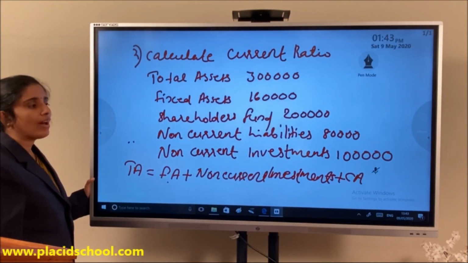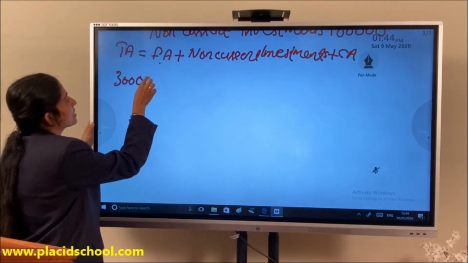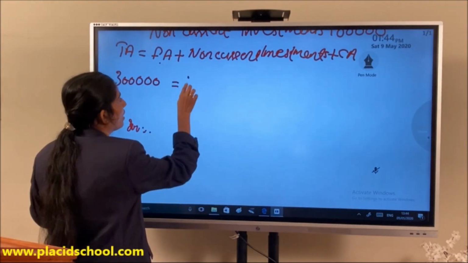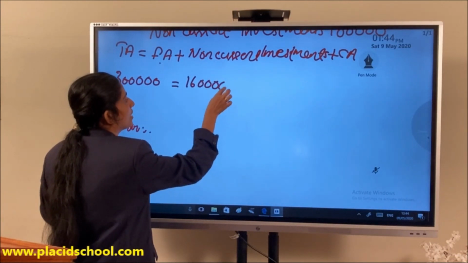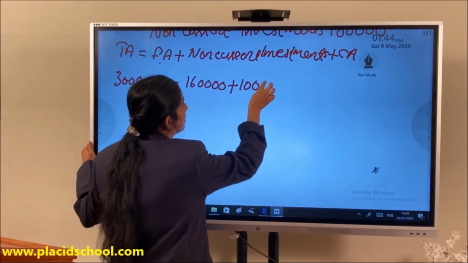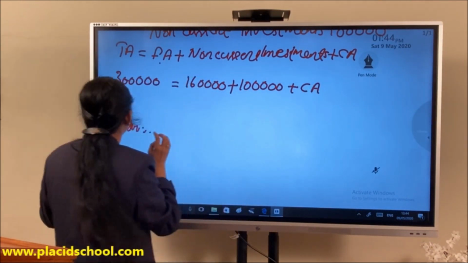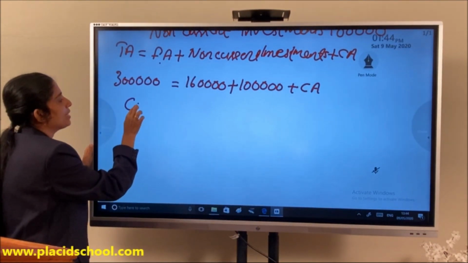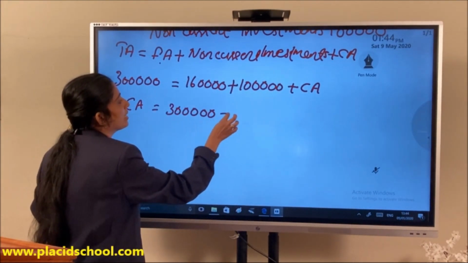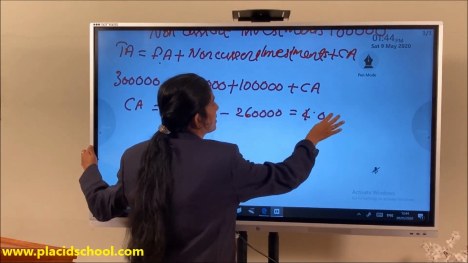So we calculate the value of current assets. Total assets value is 3 lakhs, equal to fixed assets 1,60,000 plus non-current investments 1 lakh plus current assets. Then current assets equals 3 lakhs minus 2,60,000, that equals 40,000.